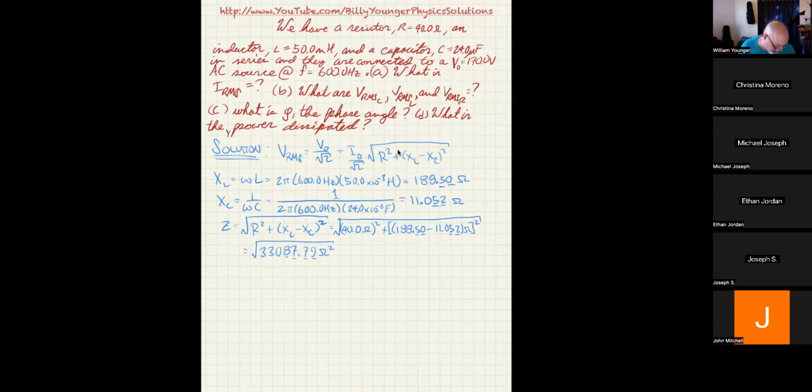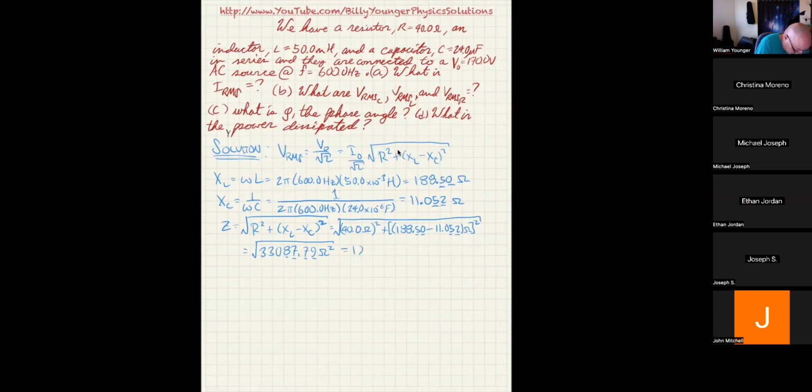So I'm not supposed to be counting them, but that's okay because we get to take the square root and just round it to 3 sig figs. So I'm now going to take the square root of 33087.7927. Got that. Square root of that is 181.90.